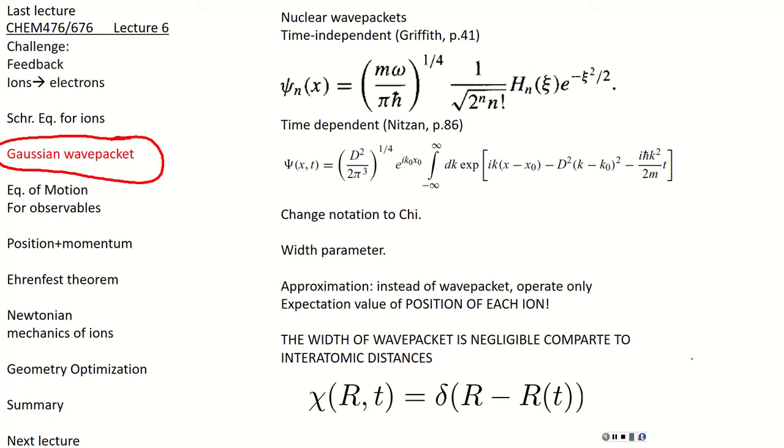But we are going to think of this distribution as an infinitely sharp one. So the width, like 1 over this d squared, is assumed to approach 0, and then the whole distribution can be interpreted as a delta function centered at the current expectation value of the position, right?